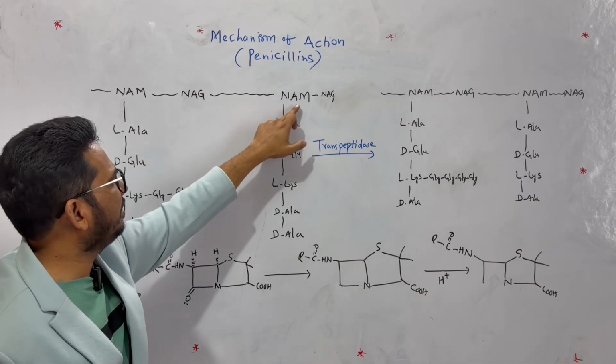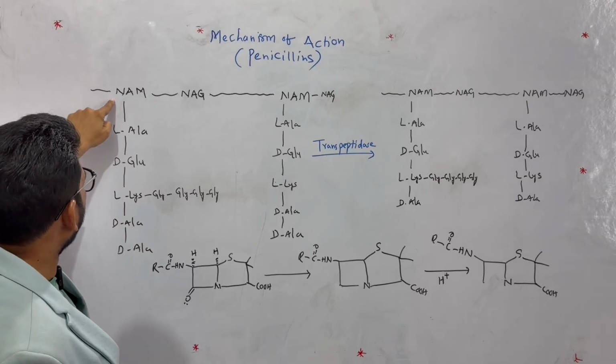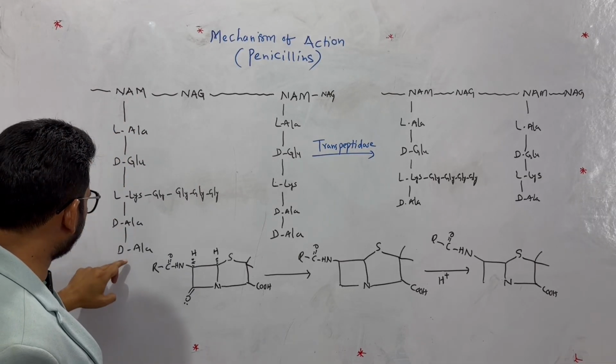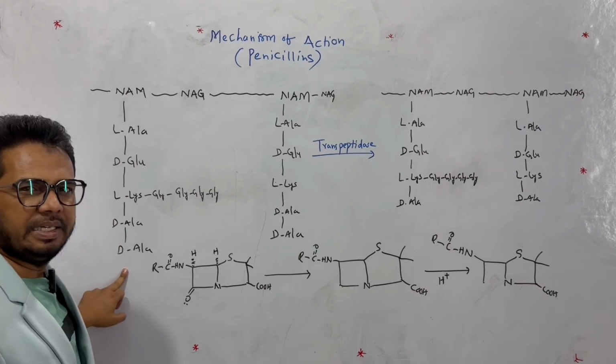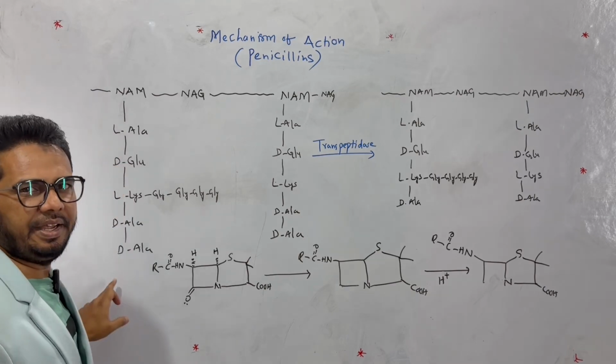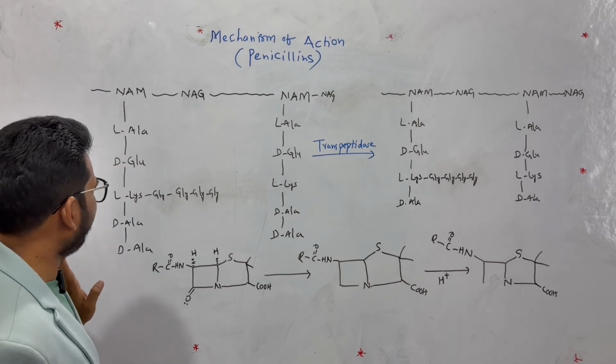On the N-acetyl muramic acid, this amino acid combination is present. This is necessary, vital, very important for the cell wall synthesis of the bacteria.